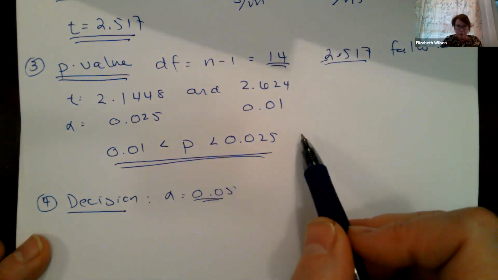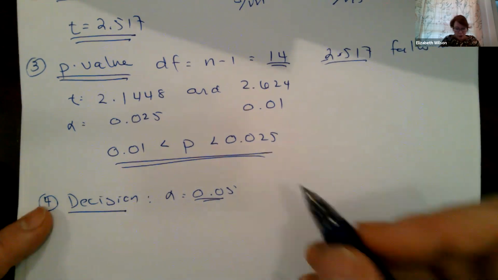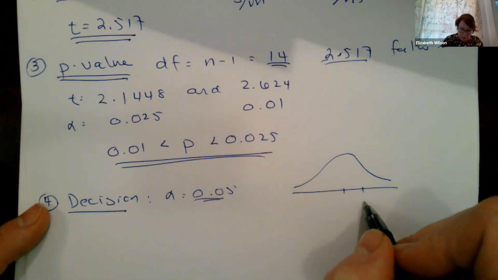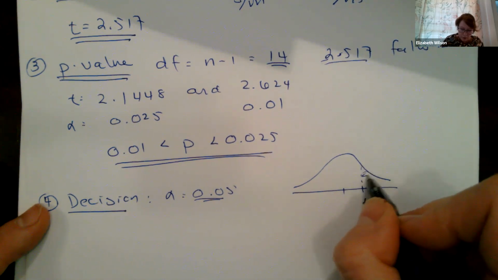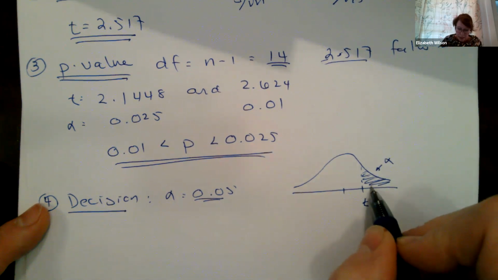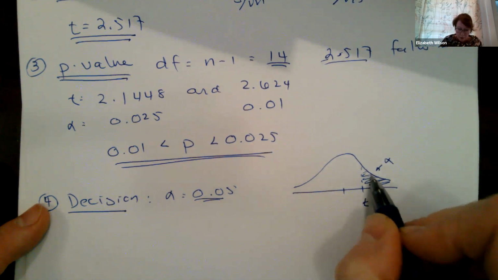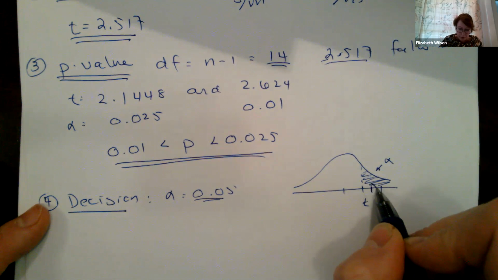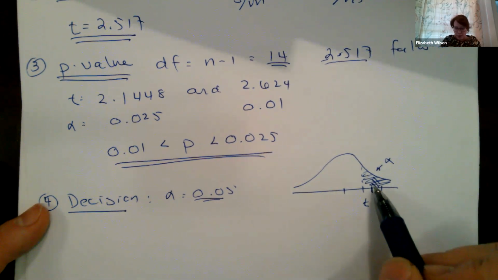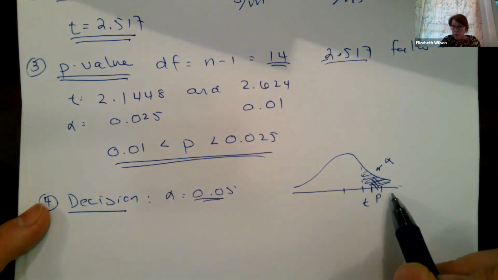If my alpha is bigger, remember how this looks. This is our t-value here. This represents our alpha. Our p-value, in this case, is going to be between here and here, for example. Depending on where it starts, it could start here and go over, or could start here and go over.